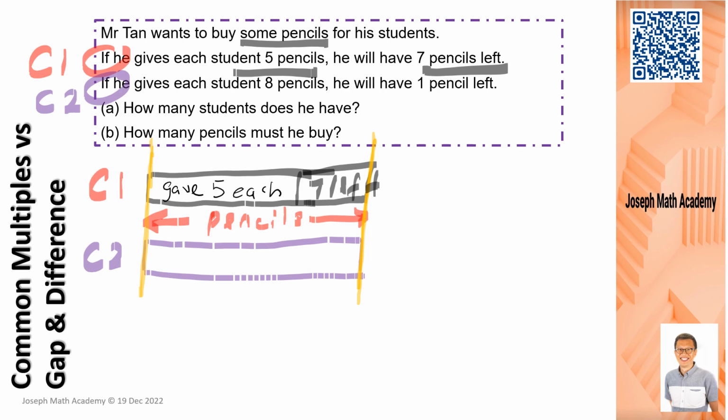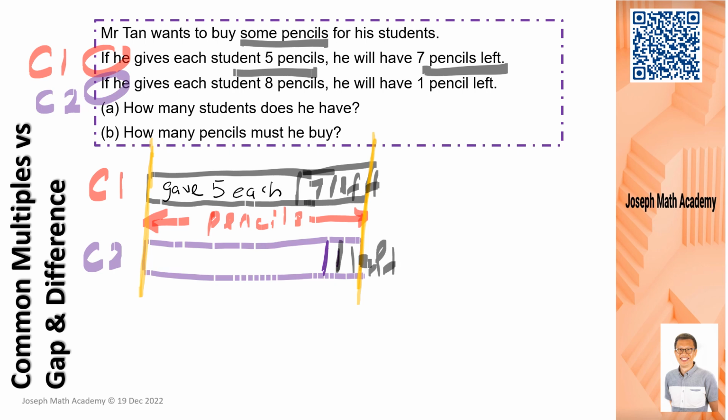Now what about the next one in case 2? If he gave 8 each, let's say it ends here, then you have 1 left. So this is the 1.